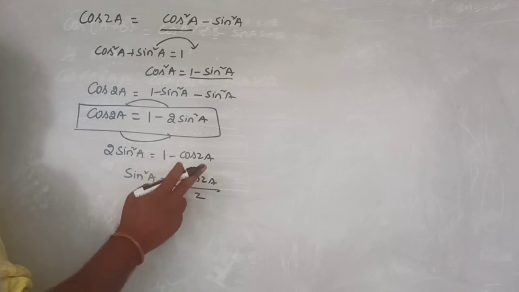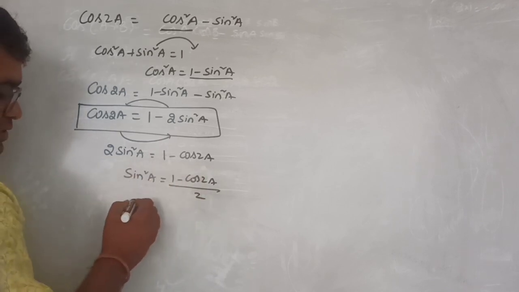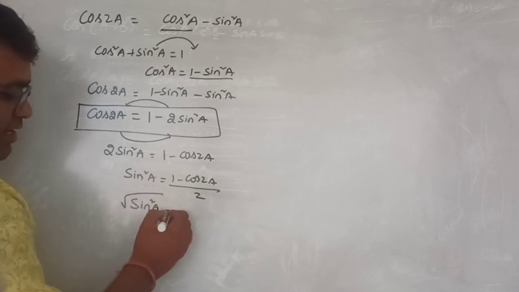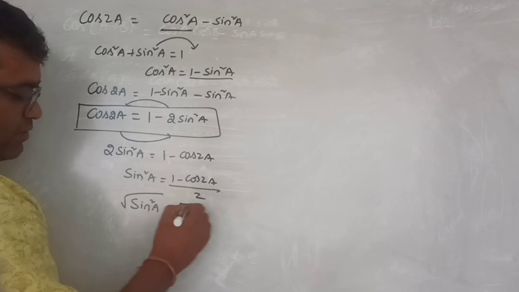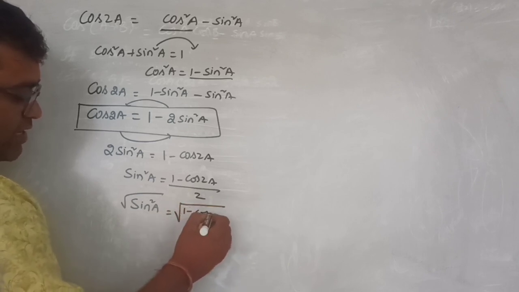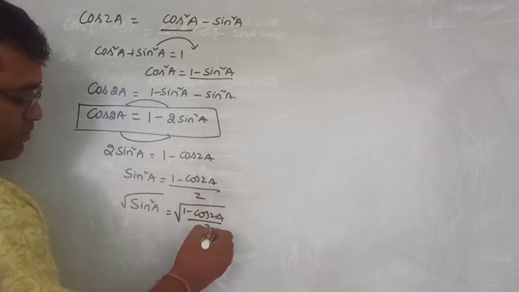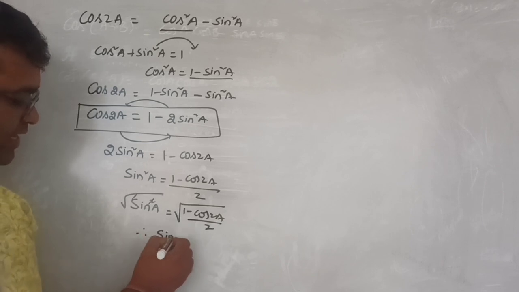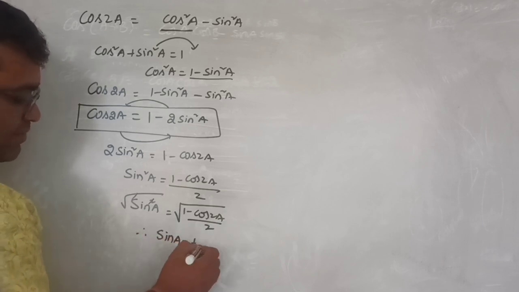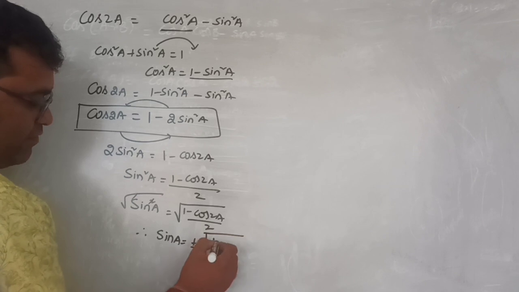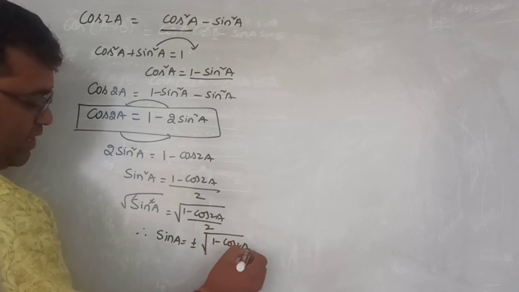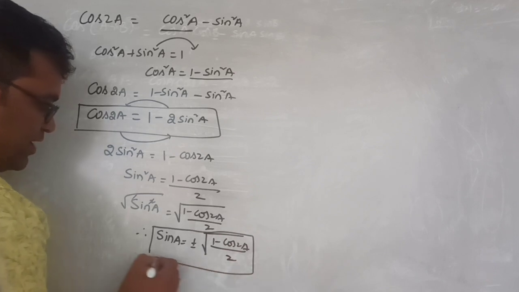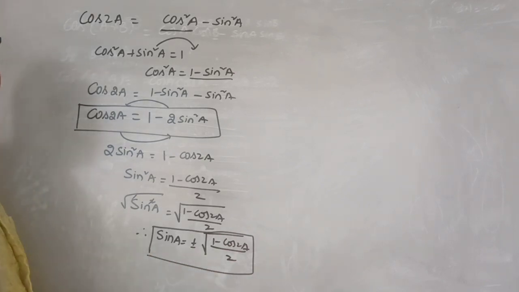Now take square roots on both sides. Square root cancels, therefore sin a is equal to plus or minus under root of 1 minus cos 2a by 2. So this is another formula for sin a.